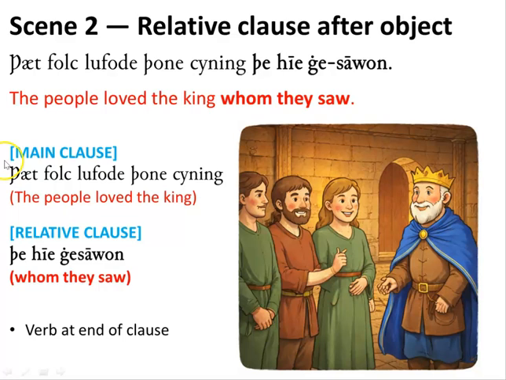Now the main clause, þæt folc lufode þone cyning, the people loved the king, and then the relative clause, no comma here, just the particle þe, the relative particle, has introduced this bit here. Þe hīe gesāwon, whom they saw, or who they saw. Whom is appropriate in modern English. So there is still who, but in translating to modern English, whom would be appropriate. Notice the verb at the end of the clause here, they saw.